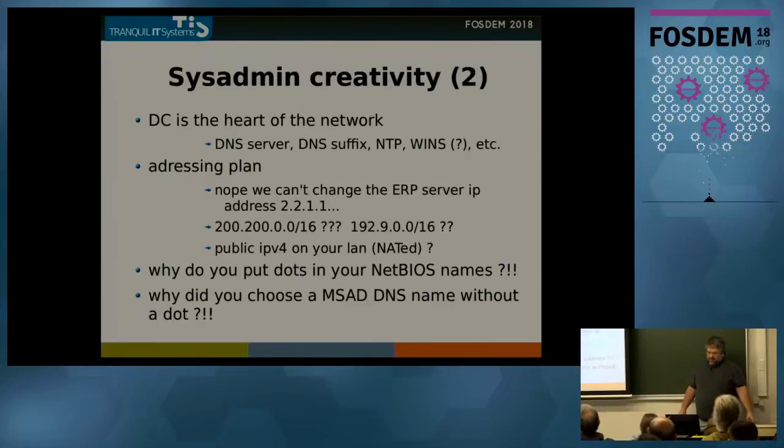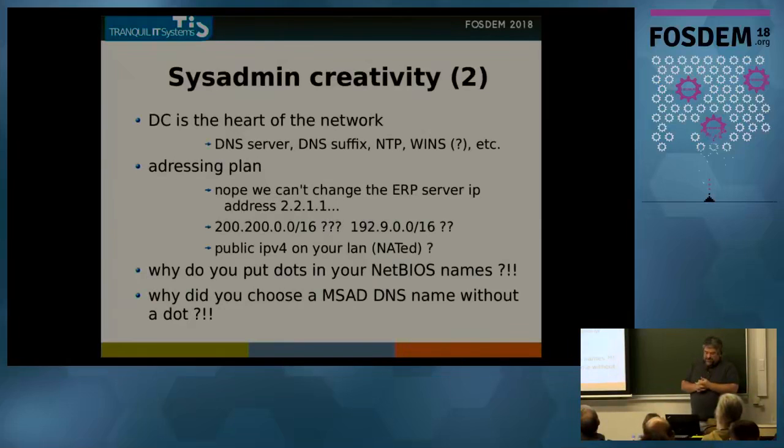And when you are doing your migration, you can find strange addressing plans. Once we had a site whose domain was 2.0.0.0/8, and the second site was 1.0.0.0/8. We don't want to use that for our migration. But they said, hey, the ERP, there is nobody left in the company who knows how to change the IP address. So we kept this IP address even during the migration.